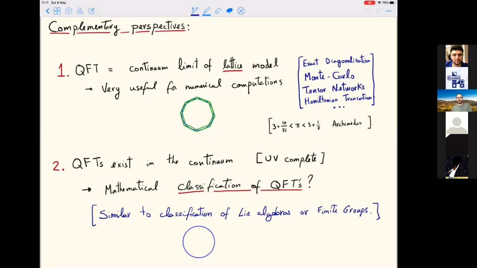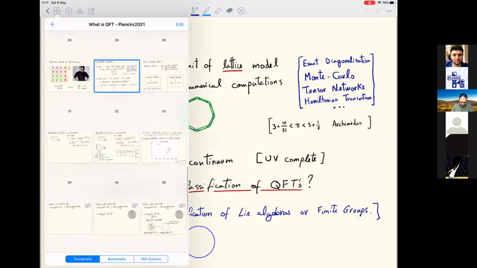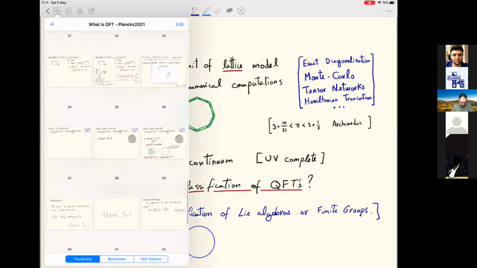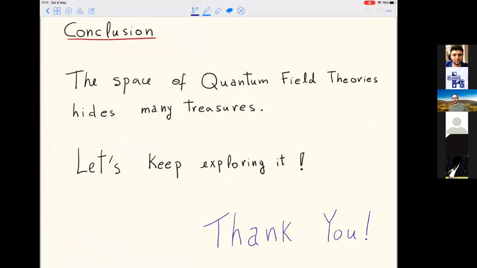And I think the 21st century is a good century to actually classify the full space of consistent quantum field theories. And okay, let me skip. I had a few more things to say, but in view of time, let me just conclude here and answer questions that you may have.